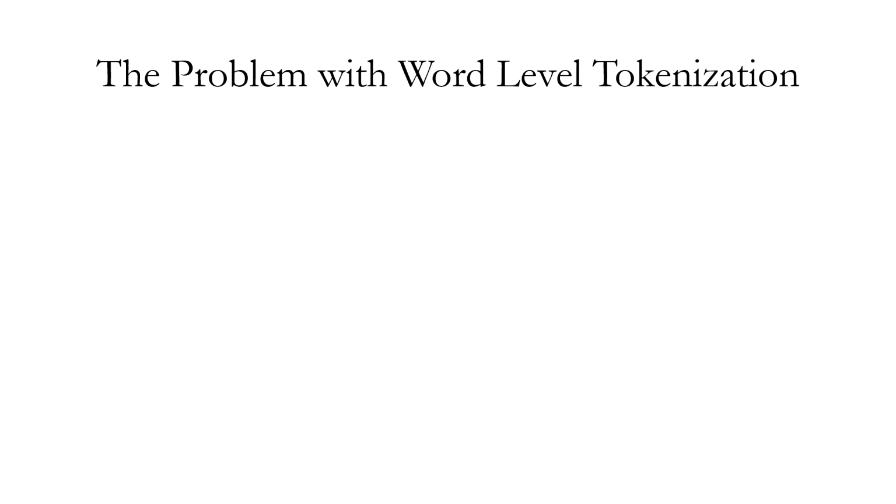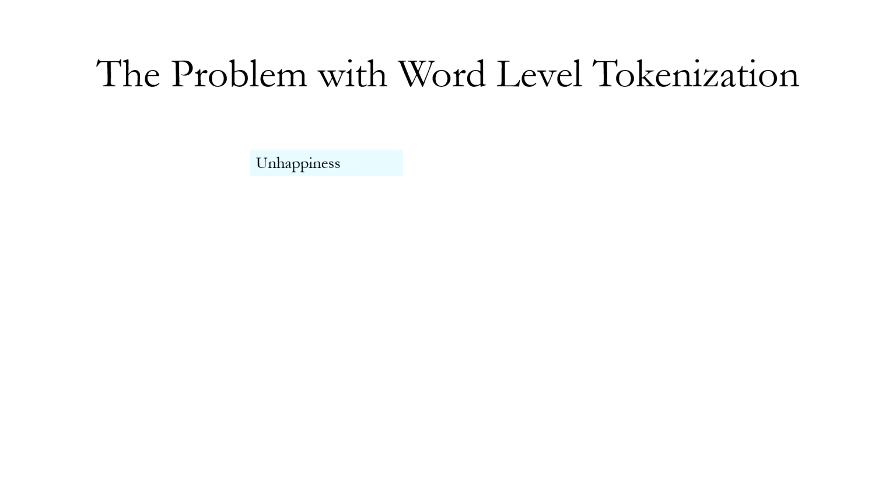So first, let's talk about what's the problem with word level tokenization, because obviously that would be the most desirable from our perspective, right? I wouldn't want to mess with stems or character level, which seem pretty messy. But there are some problems with just looking at words solely as words.